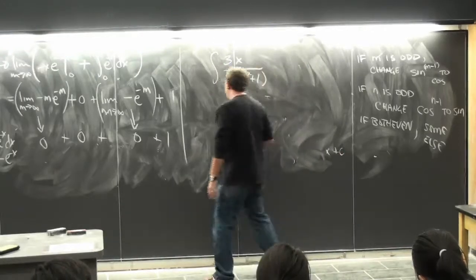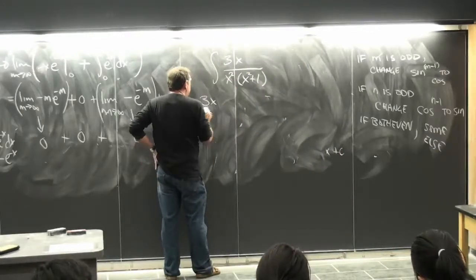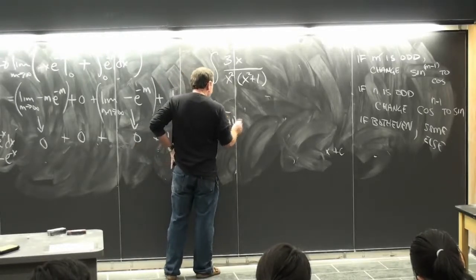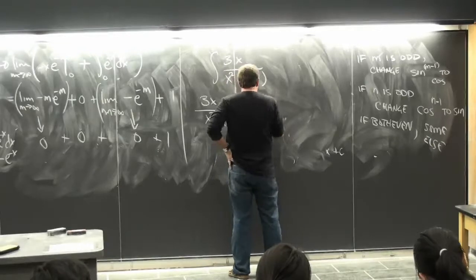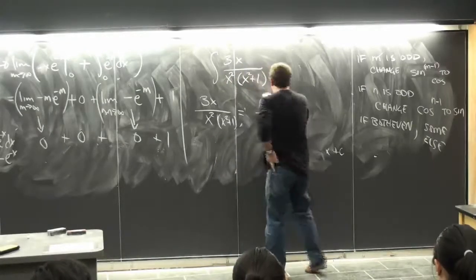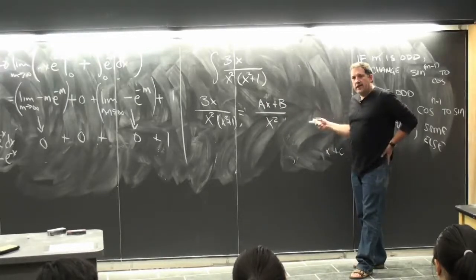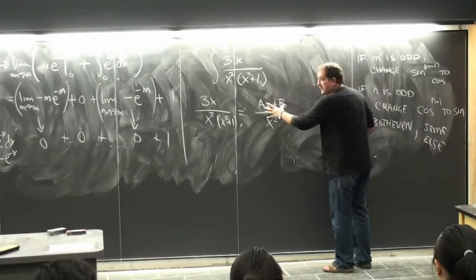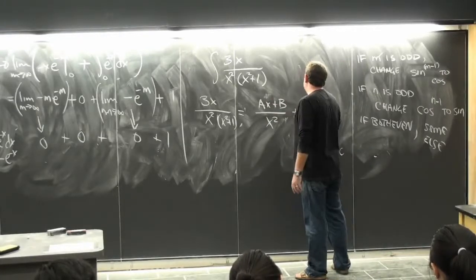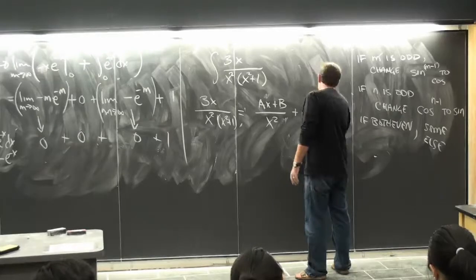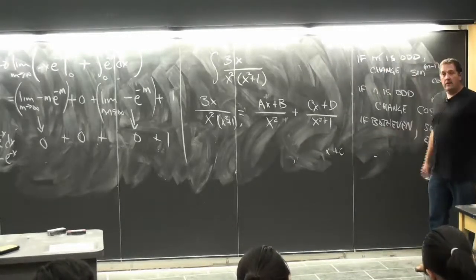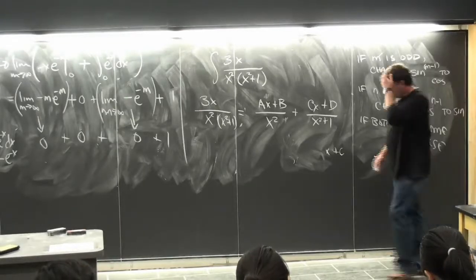Okay. So what I use is the fact, I want it to look like something over x squared. So the thing that I want is when I split them up, I always want the power of the top to be 1 less than the power of the bottom, plus something else over x squared plus 1. So now that's what I need to solve. Okay?